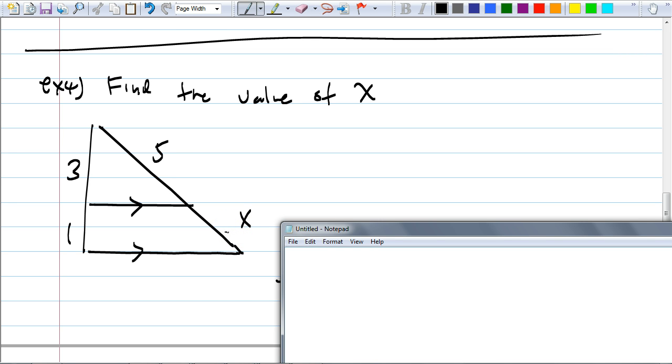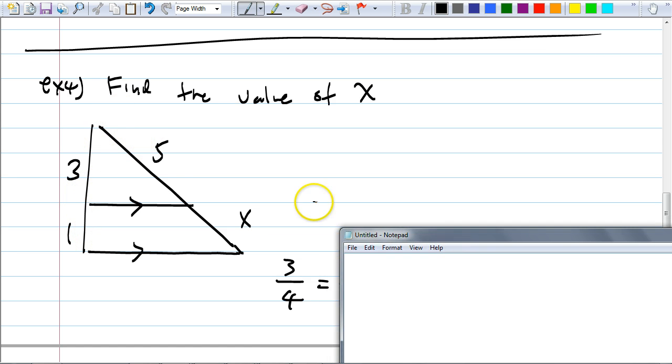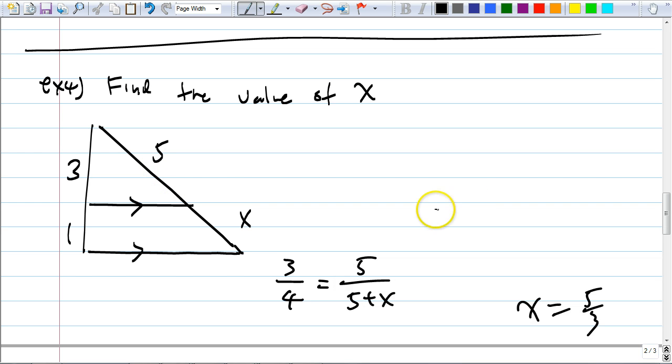You have to compare the similar triangles, the corresponding sides of similar triangles. So it should be 3 to, not 1, but 3 to 4 as to what? 5 to? Is it x or 5 plus x? Please be careful. It's 5 plus x. The whole thing is 5 plus x, isn't it?